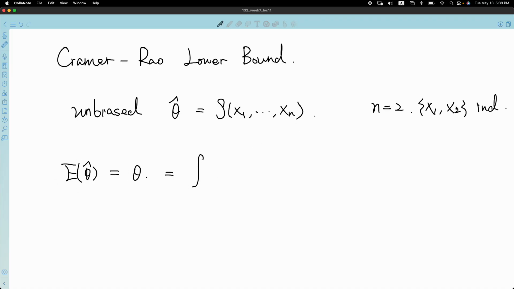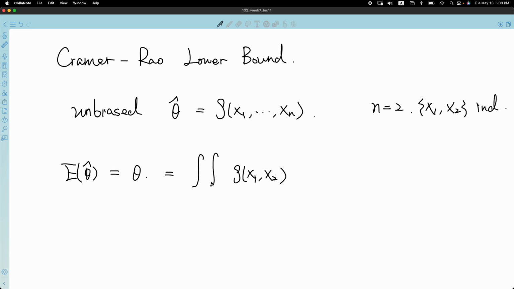Here we have 2 data points, so let's start with a double integral, and the estimator is g of x1 and x2. You're only using the 2 data points to estimate theta hat, and theta hat is a function of the data, so we only have g of x1, x2.